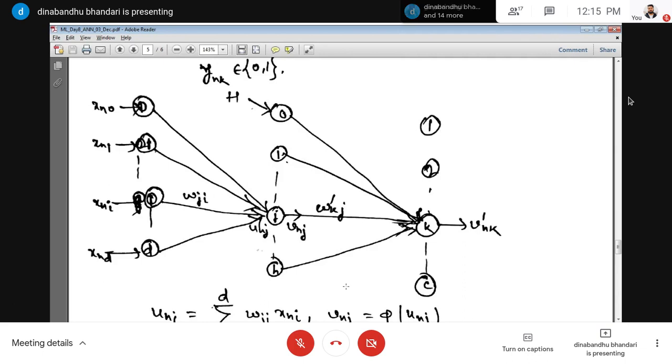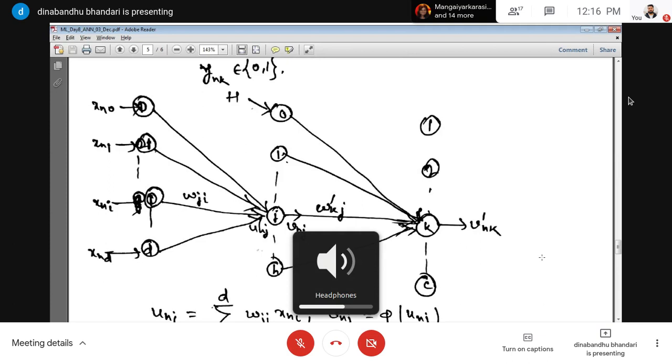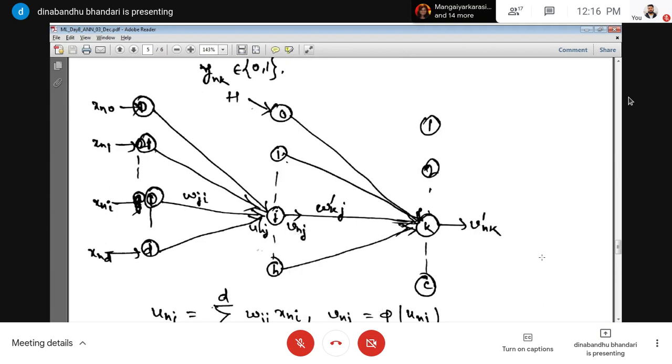Okay, but one theorem is there. If you have a single hidden layer, you can find the boundary of any non-linearly separable data. So a single hidden layer is good enough to design a classifier to classify the non-linearly separable data.